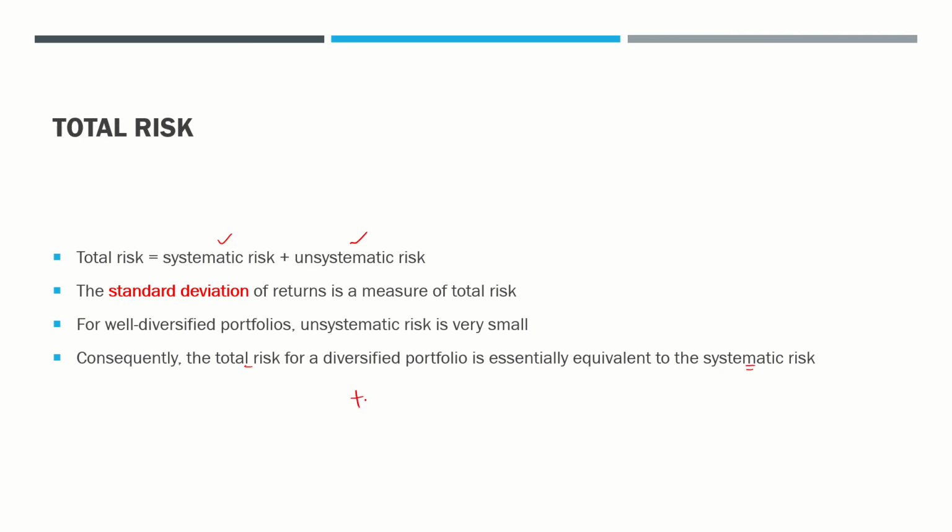Maksudnya total risk sama dengan systematic risk. Why is that? Because unsystematic risk ni sama dengan kosong, hampir menghampiri kosong kan.